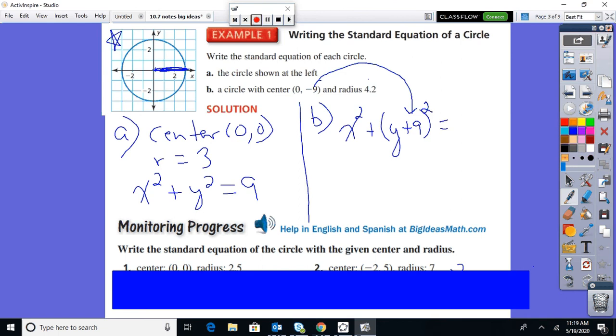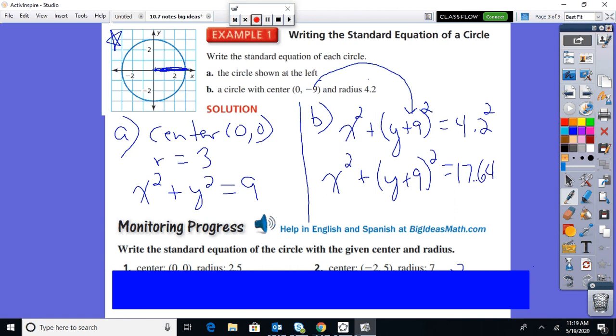And then over here we have to take 4.2 and square it. And 4.2 squared is 17.64. So technically the actual one you'll see right here is 17.64.